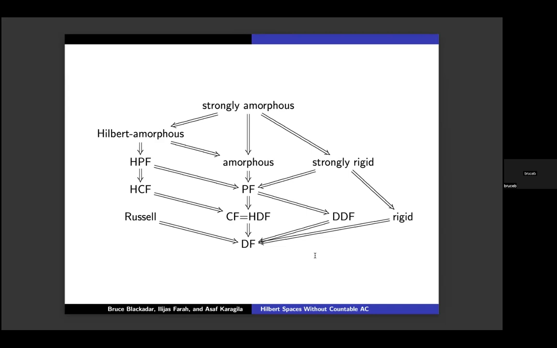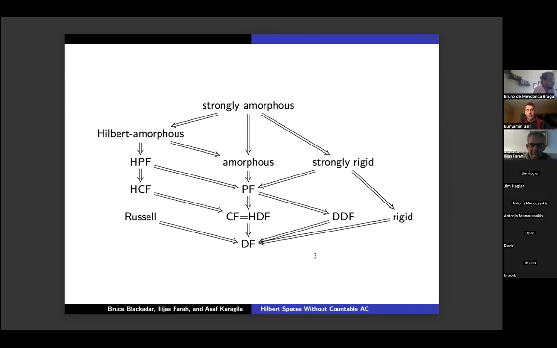The ones in the upper left are the new ones we've introduced, and there could possibly be some more arrows in or out of those. But other than that, there are no more arrows that can be added to this diagram. So I'll quit here. Thank you.